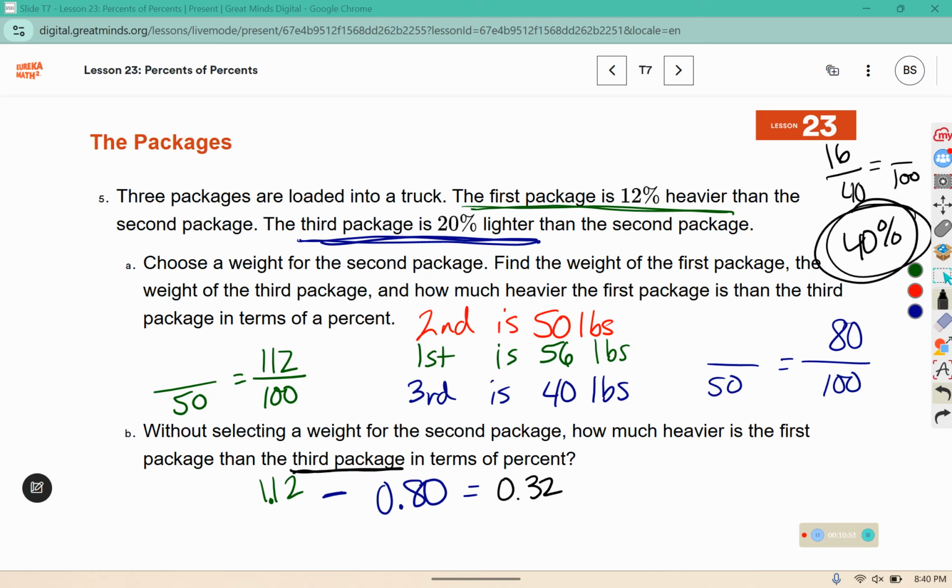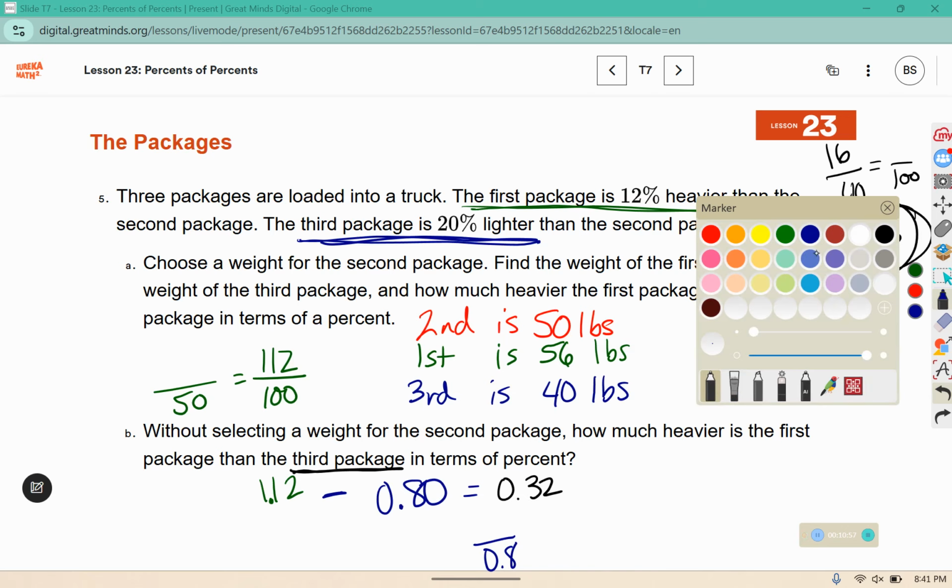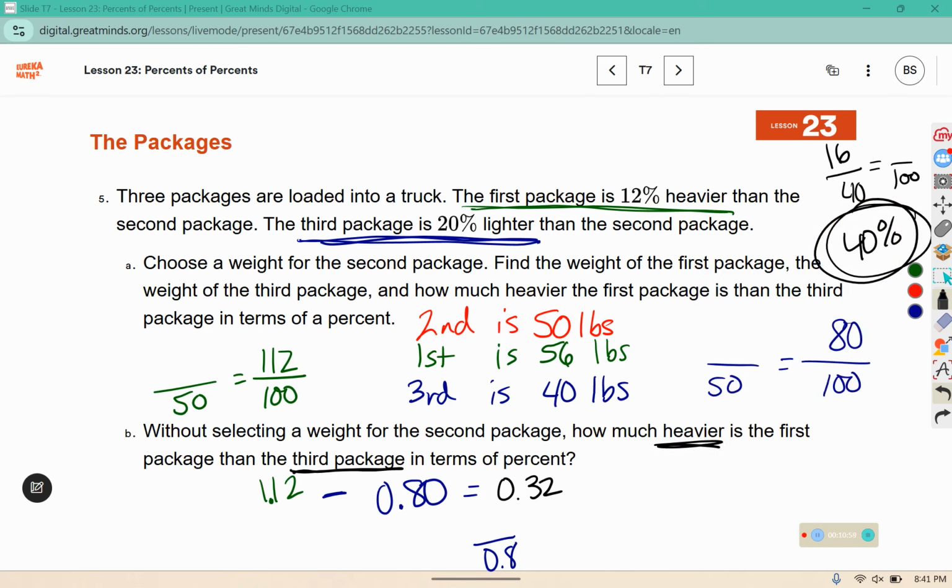And then it says how much heavier is it than the third. So we're using that third percentage, which is 80. And how much heavier is that difference? I'm figuring this out as a percent.